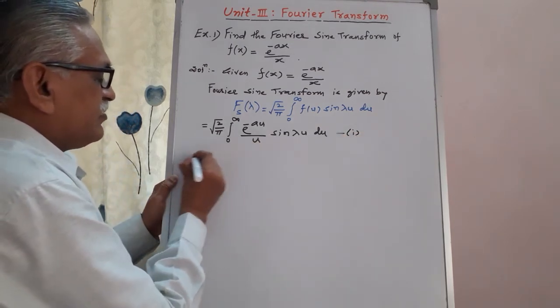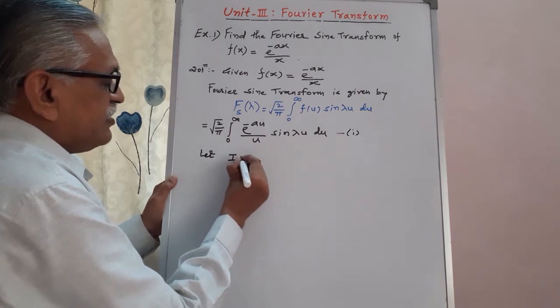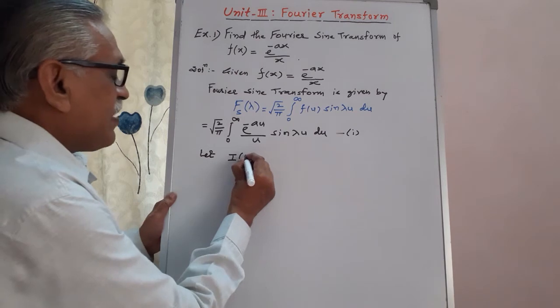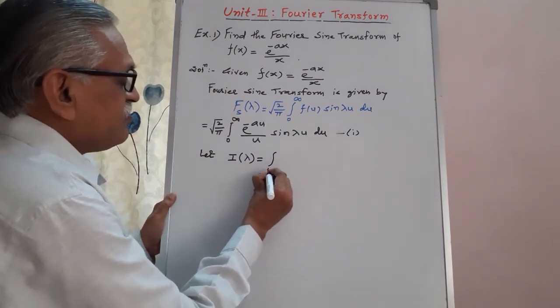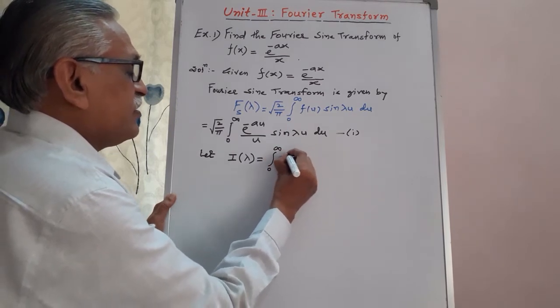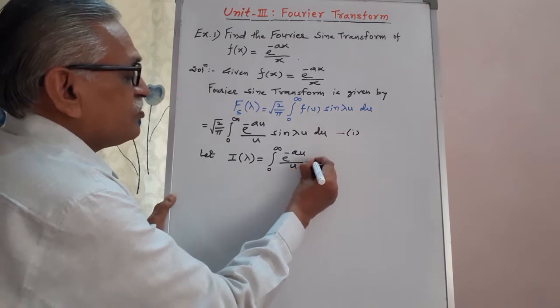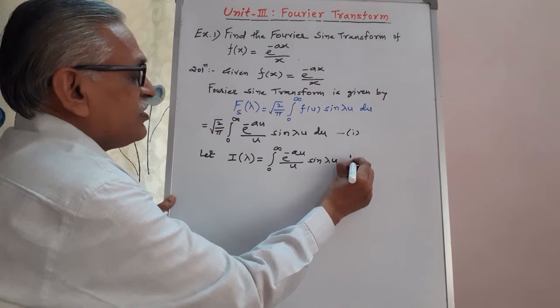Then in this equation 1 we consider, let that integral of lambda, I of lambda, as integration from 0 to infinity e raised to minus au by u sine of lambda u du.